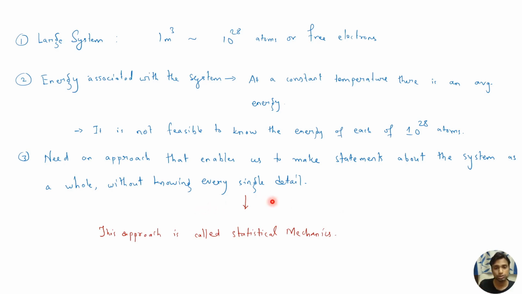This approach is called statistical mechanics, in which we have the knowledge of the individual particles, the energy levels of the individual atoms or molecules, and from that we want to predict the behavior of a system which consists of a large number of those individual molecules or atoms.